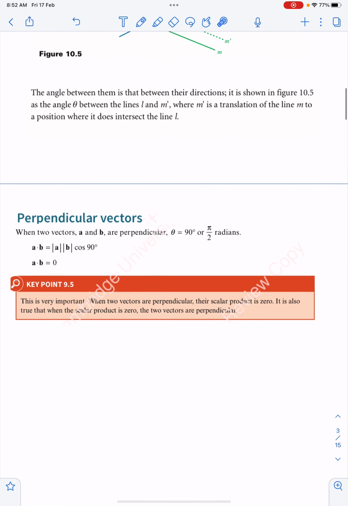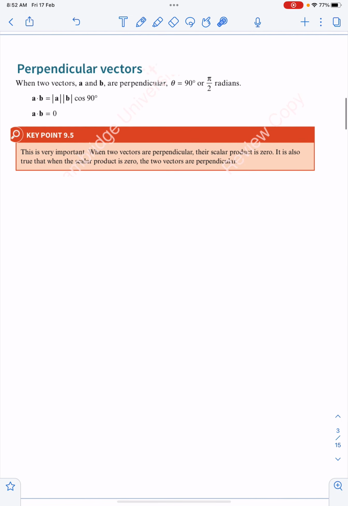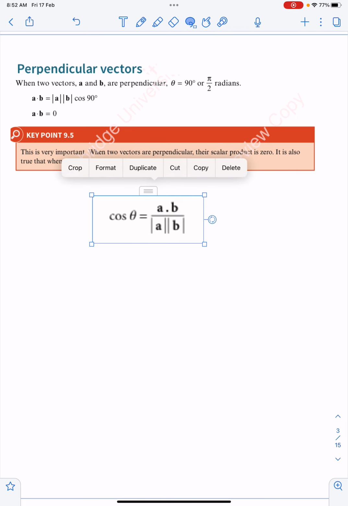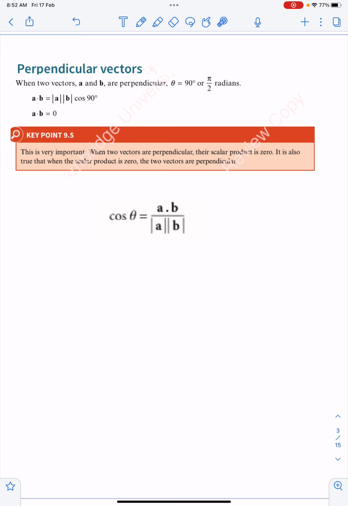Before we start with the first question, we need to understand one more thing, and that is whenever two vectors are perpendicular, the formula cos theta equals a dot b upon the magnitude of a and the magnitude of b applies. We know that whenever two lines are perpendicular, the angle between them is 90 degrees, and cos of 90 degrees we know is 0.